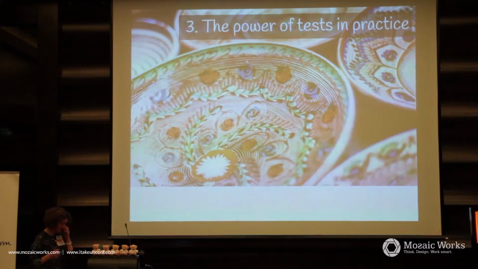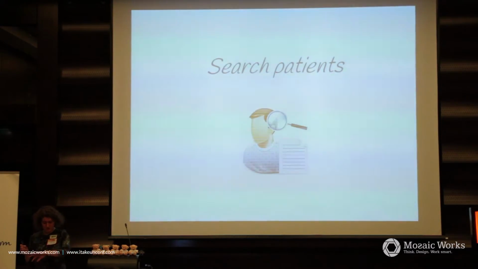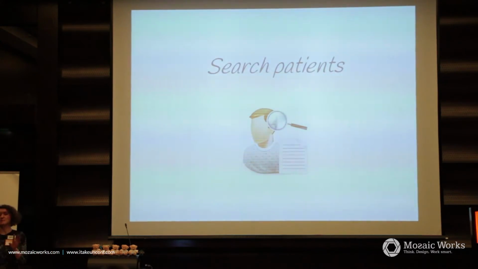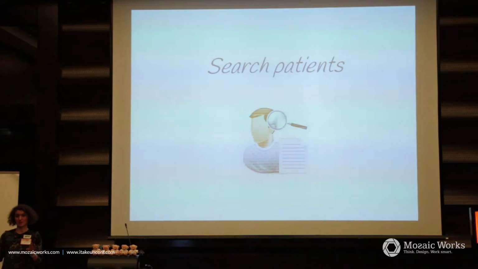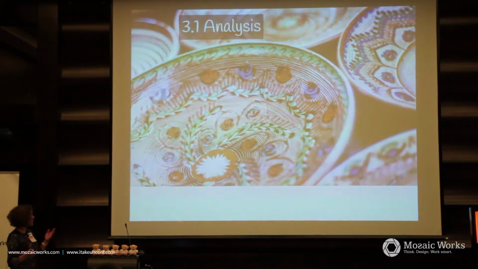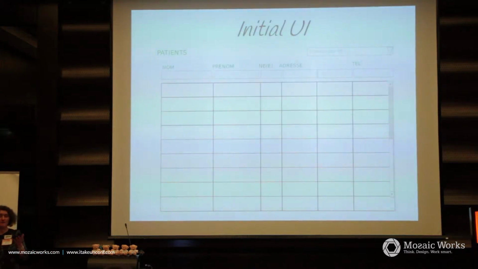For practice, I have chosen a small, simple functionality. This is what my client thinks. It's simple, just searching patients in a database of 10,000 patients. We start the analysis with a half-an-hour meeting when he comes to me with a user interface built in PowerPoint.